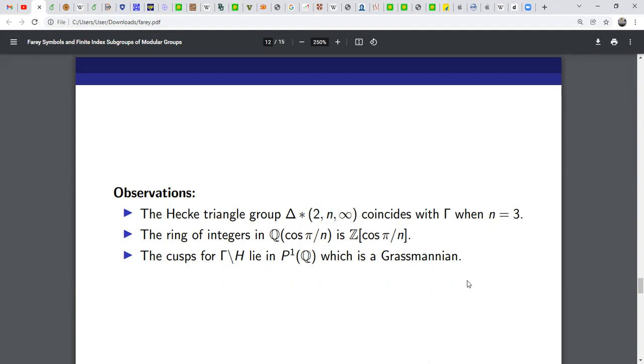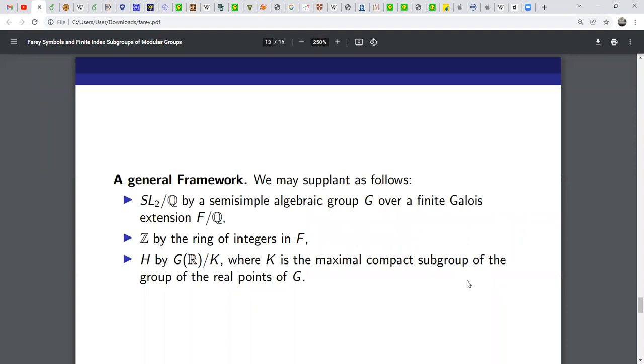So it is natural to ask whether the framework which I talked about can be generalized to this. All this, whatever was worked out for the rational group, that is the modular group, can be framed in a very general manner as follows.